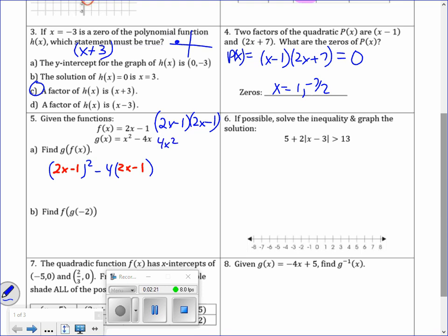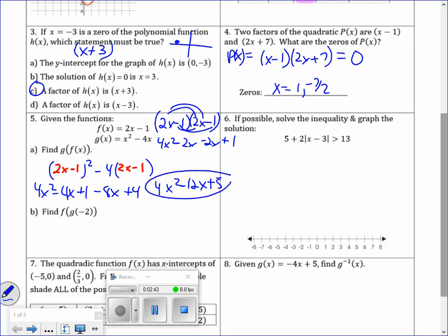Then 2x times -1 gives me -2x on the inside and the last. So when you clean that up, you get 4x squared minus 4x plus 1. And then here I'm going to multiply out -8x plus 4. All right, so clean that up, you get 4x squared minus 12x plus 5. And that's your final answer.